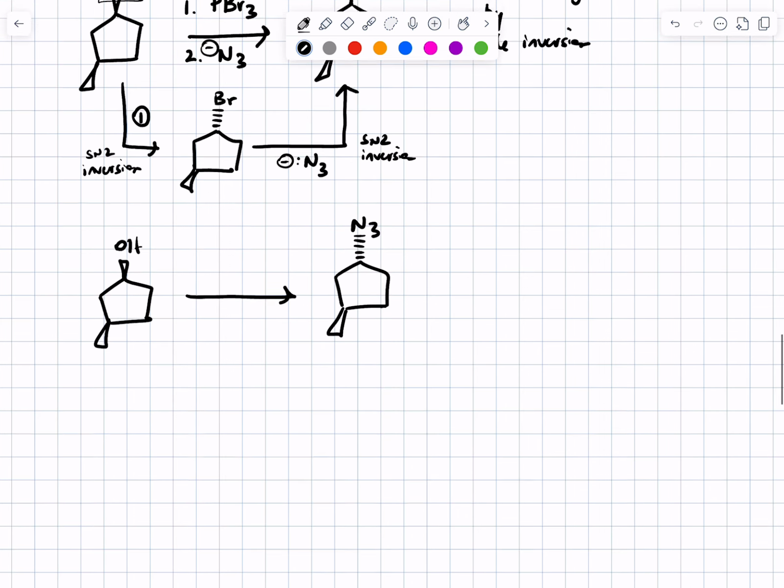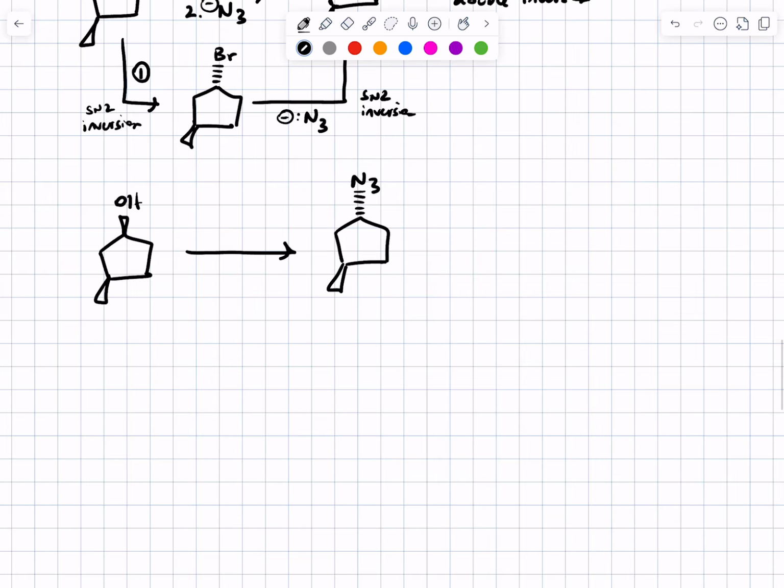So I'm going to introduce strategy 3, which is a way to convert the OH into a good leaving group and do so in a way that allows us to, so we want magic step 1 that's going to give us this, so that in step 2, when we add the azide, we can just do a straightforward SN2 reaction.